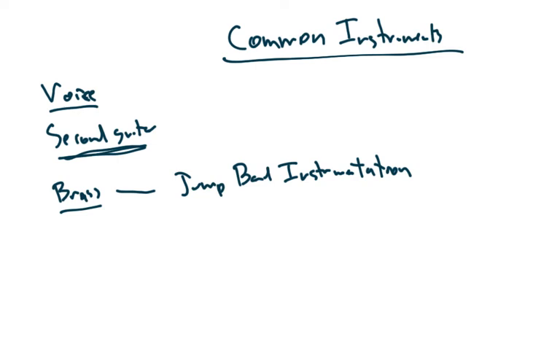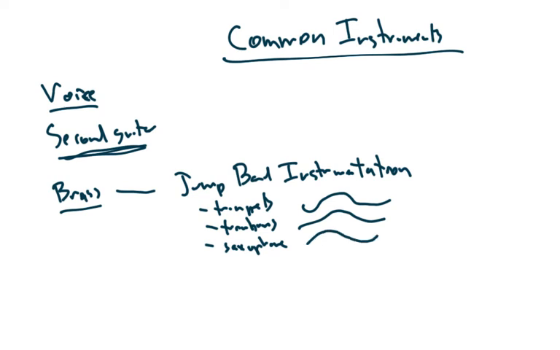So you'll have some trumpets, maybe some trombones, and then we lump saxophone into this, even though it's technically a woodwind, but here we are, it's working. But you get a group of those together, and they tend to play these tight lines that tend to go up and down, and they move together, sort of like that.